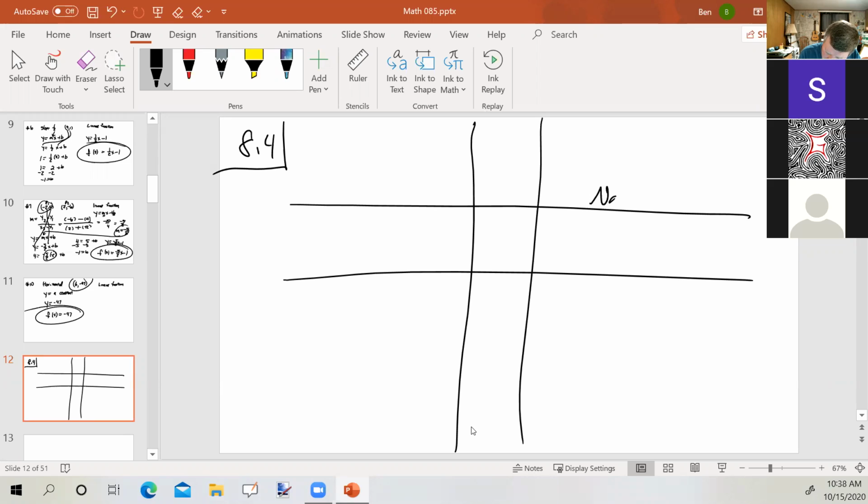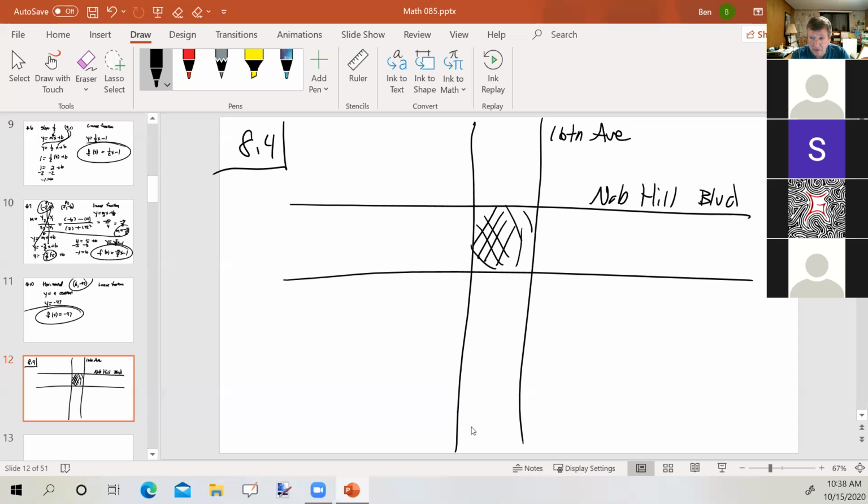Let's say that this is Nob Hill Boulevard, and this is 16th Avenue, okay? What is that? Anybody? The intersection. Right, the intersection. Let me ask you this.